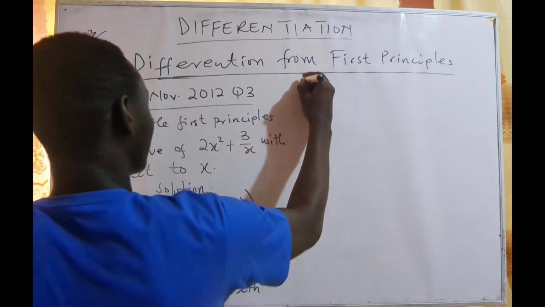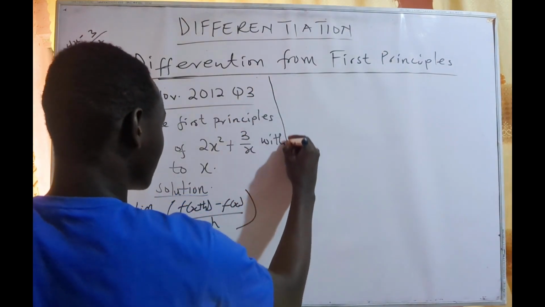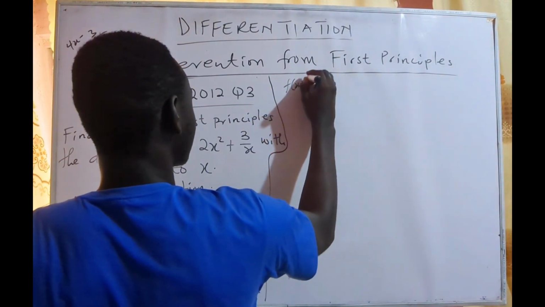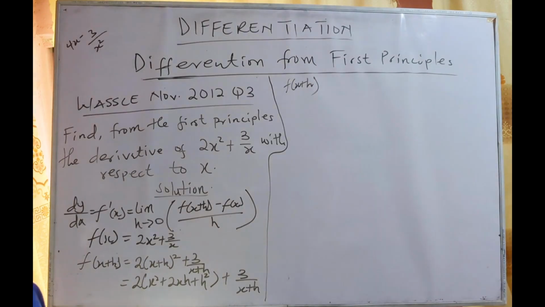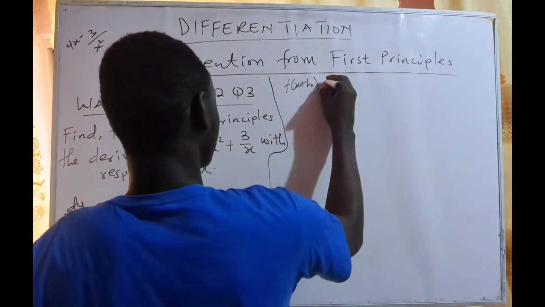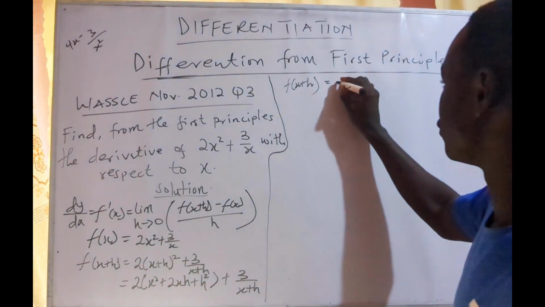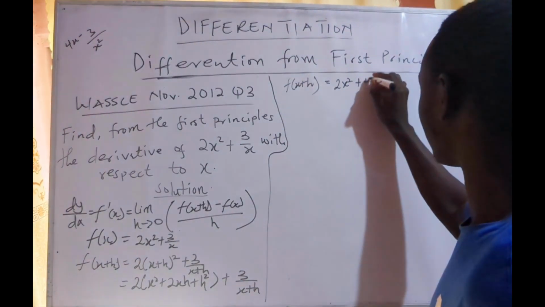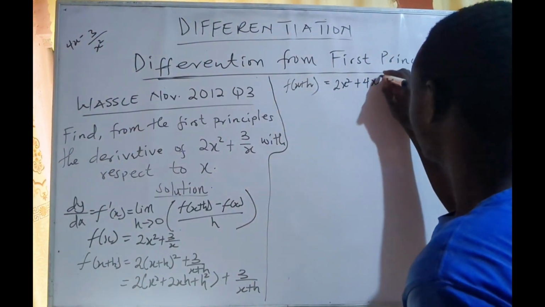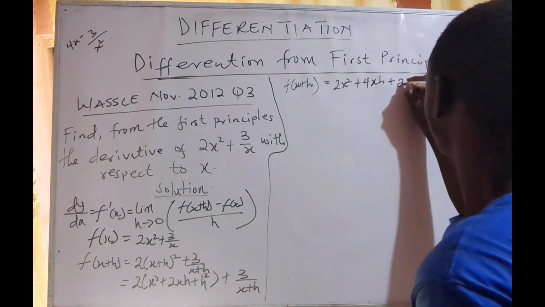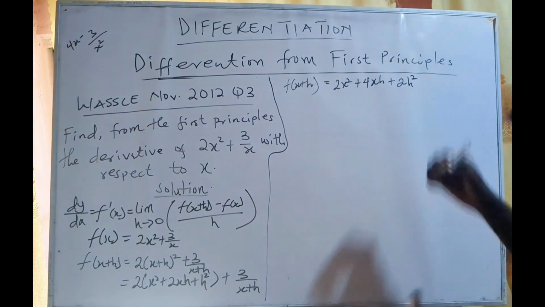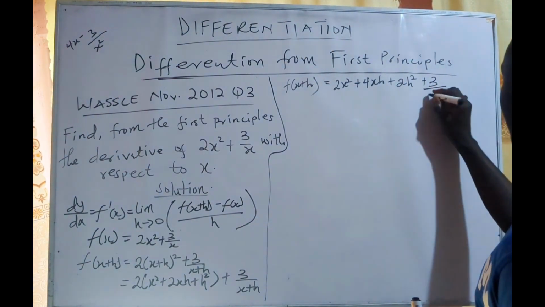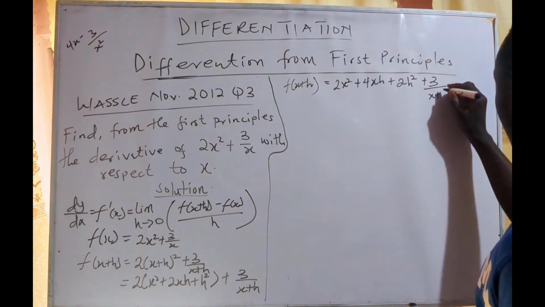So our f of x plus h is now going to be 2x squared plus 4xh plus 2h squared plus 3 on x plus h.